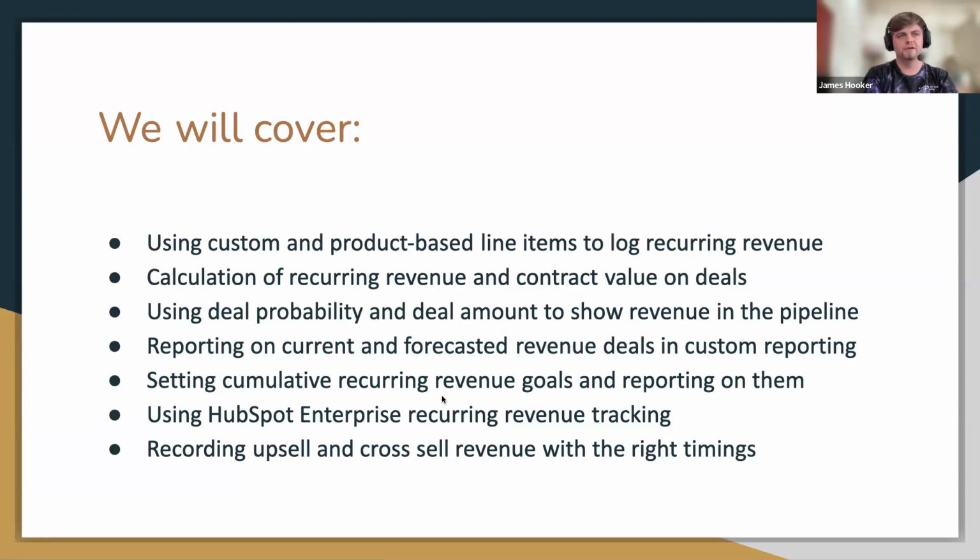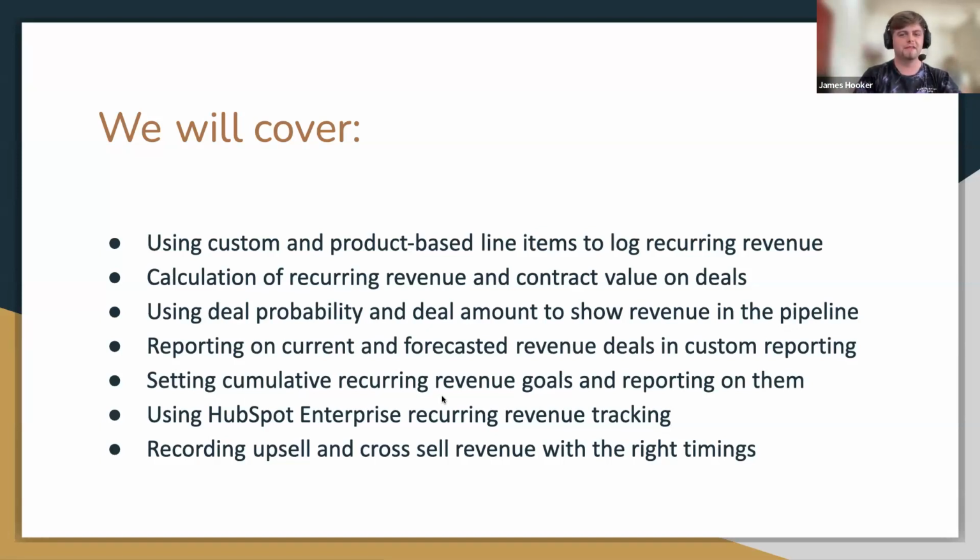And then also what you may want to do if you really want to take it to the next level with a HubSpot Enterprise sales tier with their recurring revenue tracking product, which allows you to factor in things like churn and upsells and cross sells, and track those all in a separate stack, rather than, if someone churns, taking it out of a report as if that revenue never existed.